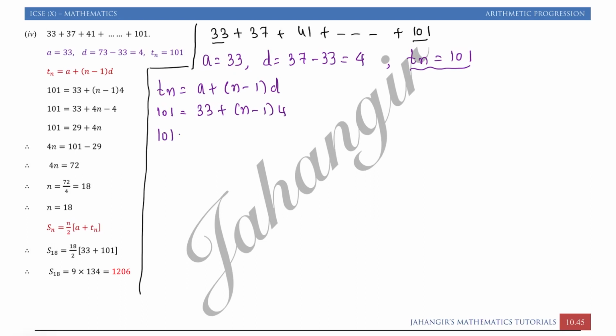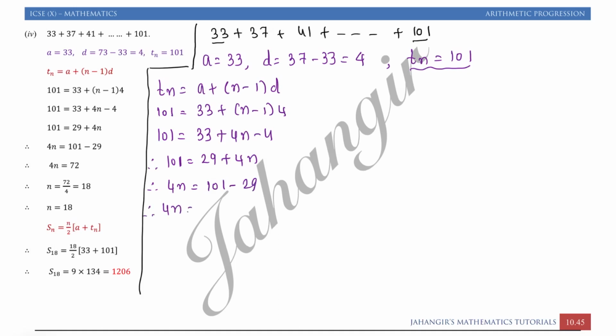So I can write 101 is equal to 33 plus 4n minus 4. So therefore 101 is equal to 33 minus 4, which is 29, plus 4n. So therefore 4n is equal to 101 minus 29.